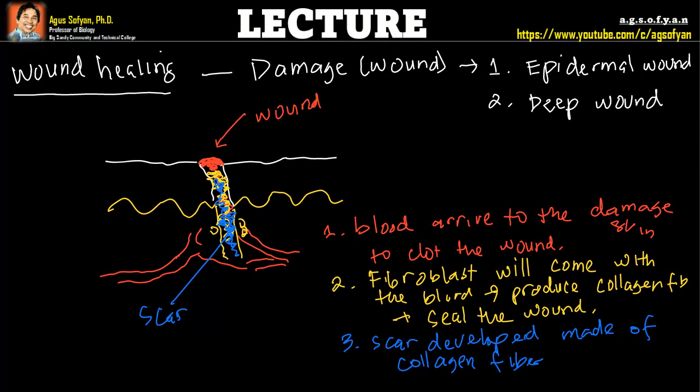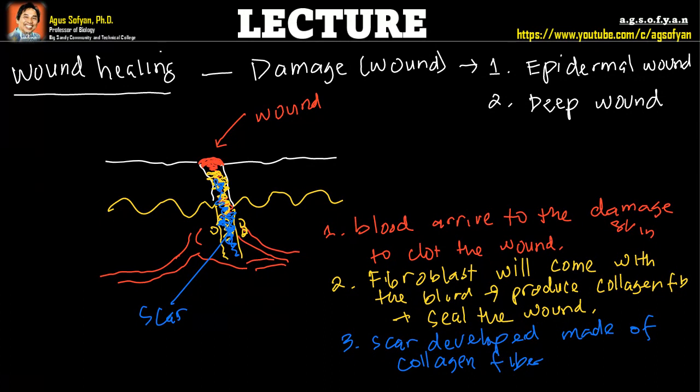Okay, the first thing is the blood vessel will come to the damaged area. It will clot the damage, and then the blood vessel will also carry the fibroblasts that will seal the damage.